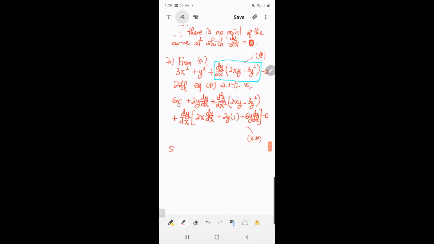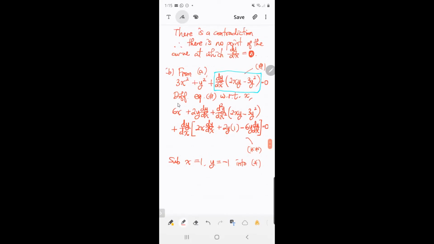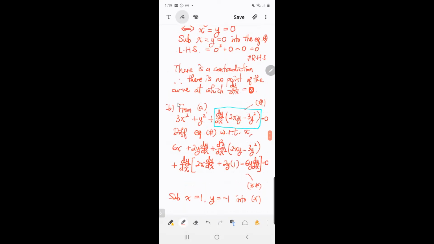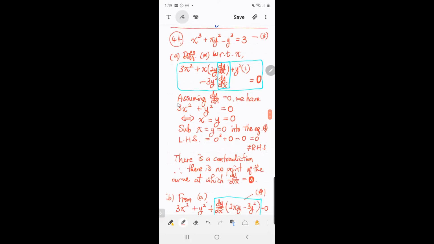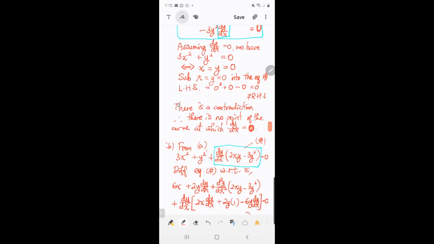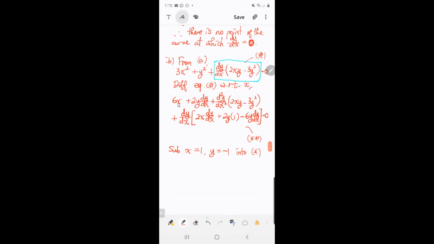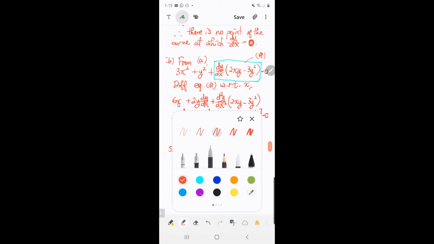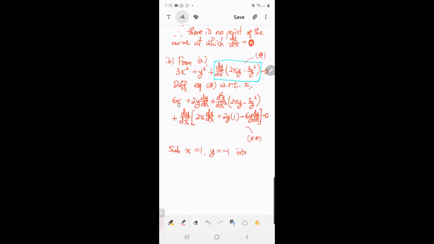So you substitute x equals 1, y equals -1 into equation hash.